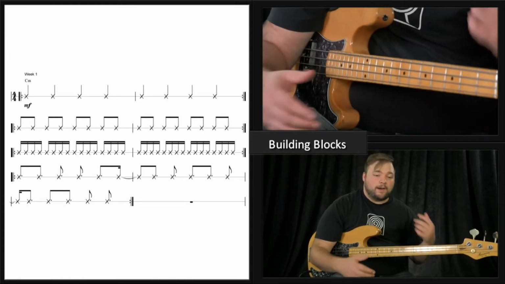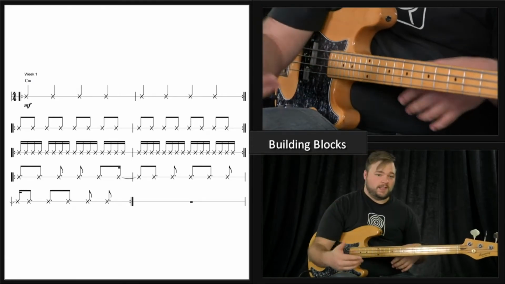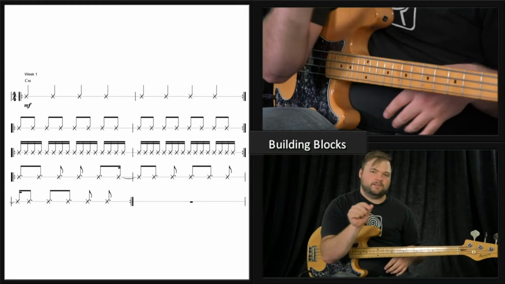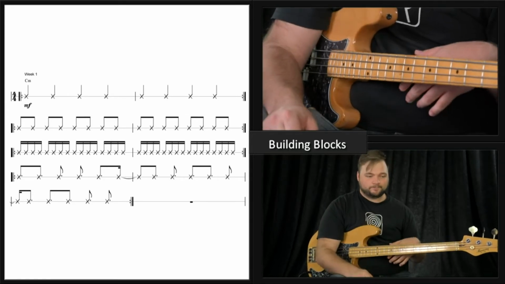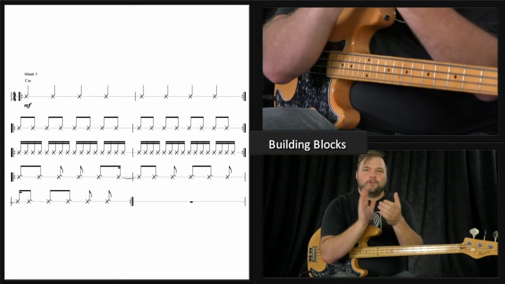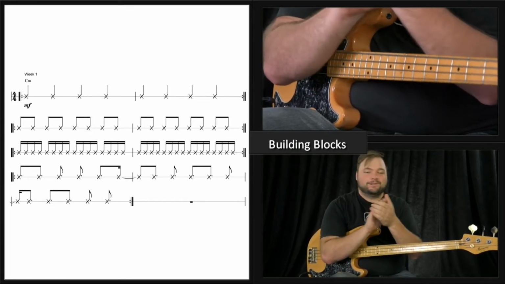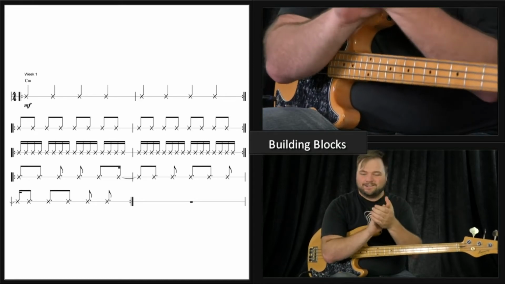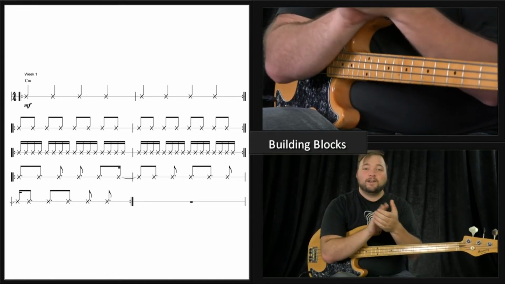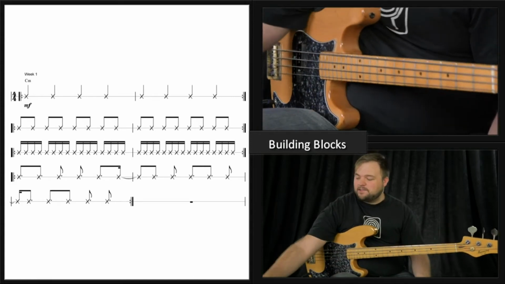Well, if you think about counting 16ths, 1 e and a 2 e and a 3 e and a 4 e and then taking 3 of those 16ths and bunching them all together, something akin to 1 2 3, 1 2 3, 1 2 3. That's what a dotted eighth would sound like against a plain pulse like this.